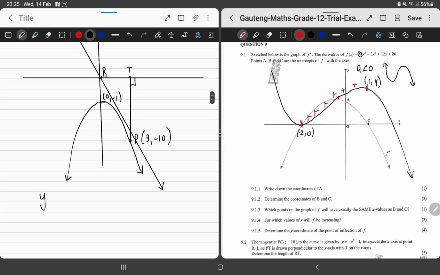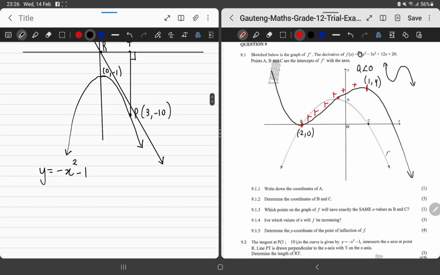y = -x^2 - 1. We know that the equation of a tangent is given by y = mx + c. We need to find what the gradient is. In order to find the gradient, we need to find the derivative of the parabola. This is -2x. I want to know what the gradient is at the point P, when x = 3.